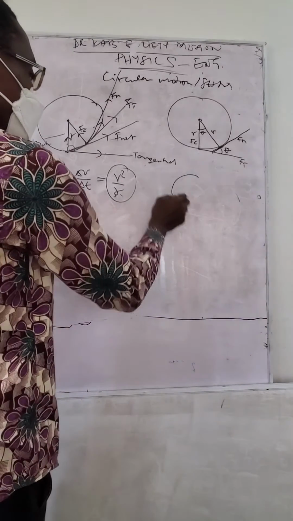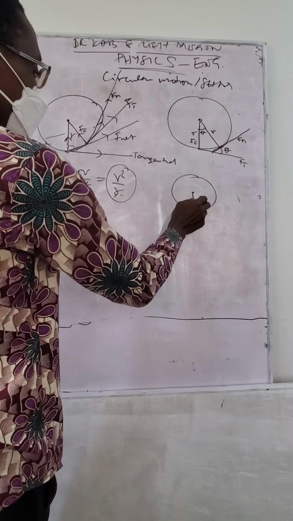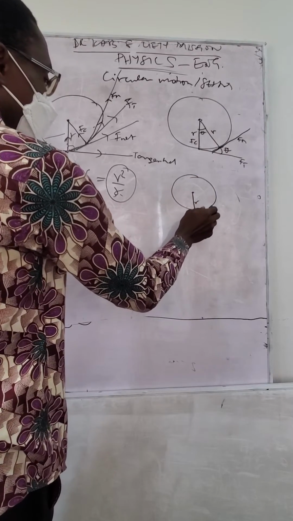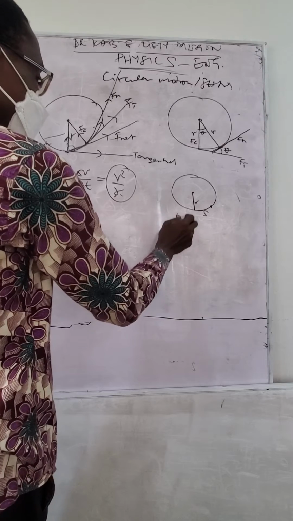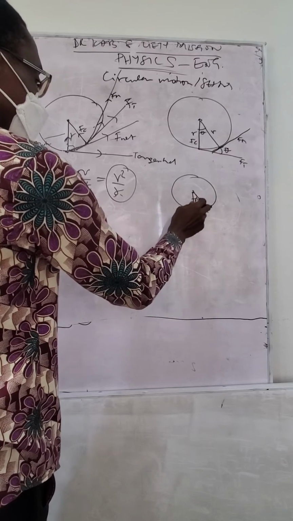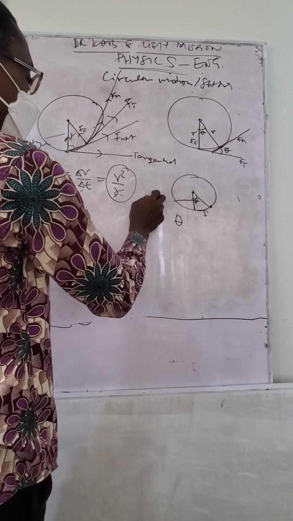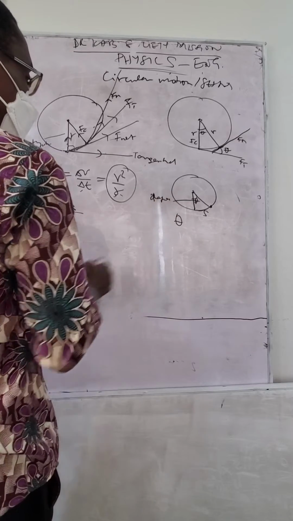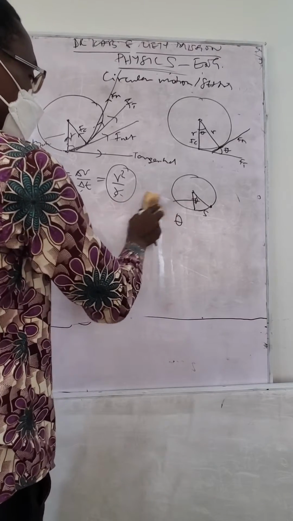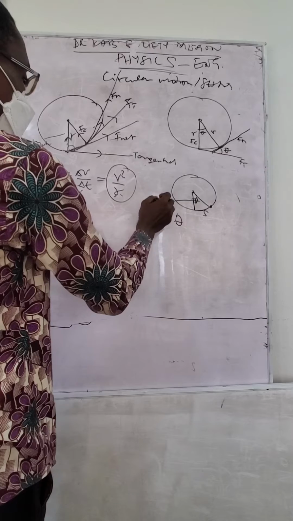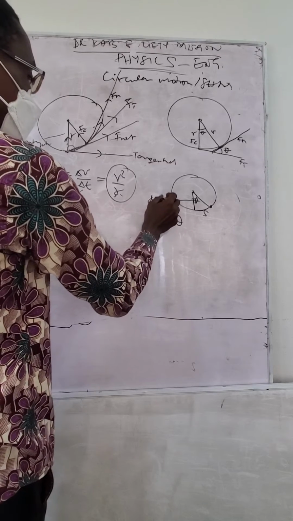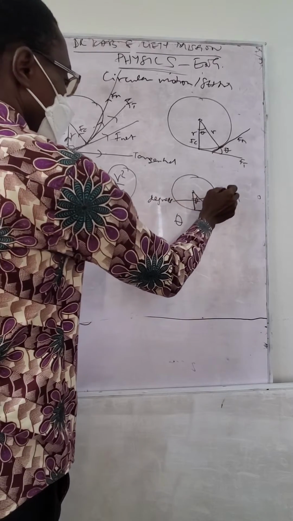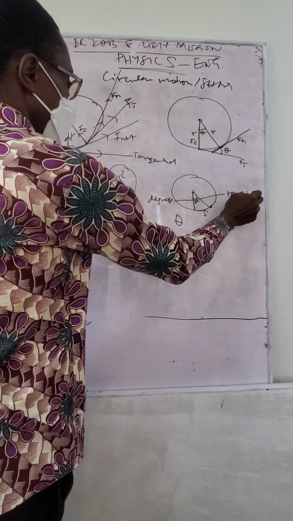If you have this circle, this is a radius, and then you move a distance s. This angle can be in degrees. It can also be made to be in radians.